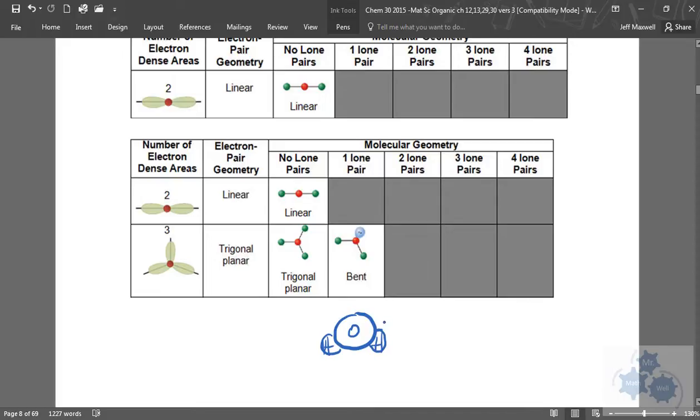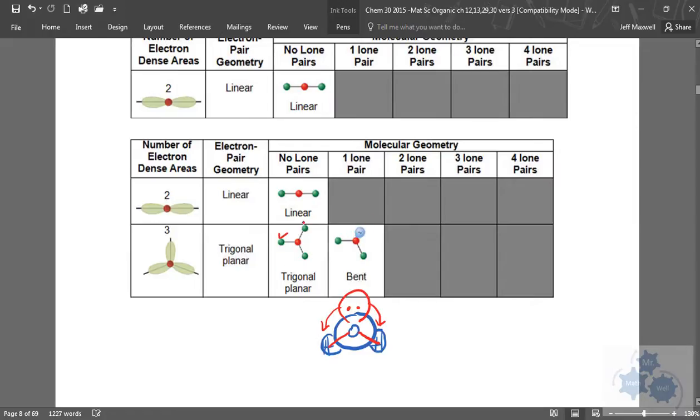If we take a look at where the bonds are, there's a bond there and a bond here. It's always bent. Why is it bent? Because oxygen has a pair of electrons that aren't bonded to anything, and they're stuck out there, repelling these hydrogens. They're forcing the hydrogens to be repelled away, and so it causes a bent shape, and that's from one lone pair.